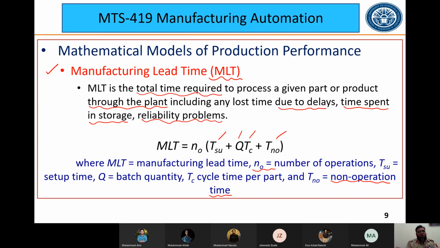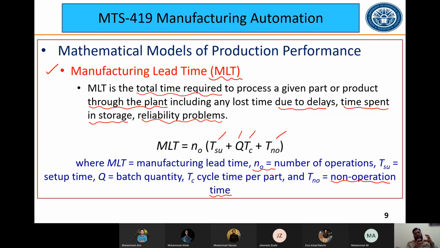We are now including another term into our subject, which is called manufacturing lead time. We have talked about it a little earlier also, and we had defined that the manufacturing lead time is the total time required to process a given part or product through the plant, including any lost time due to delays, the time spent in storage, and reliability problems.